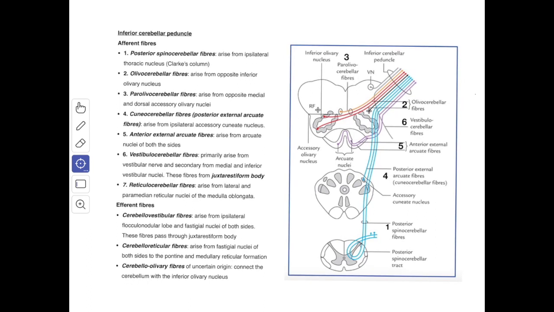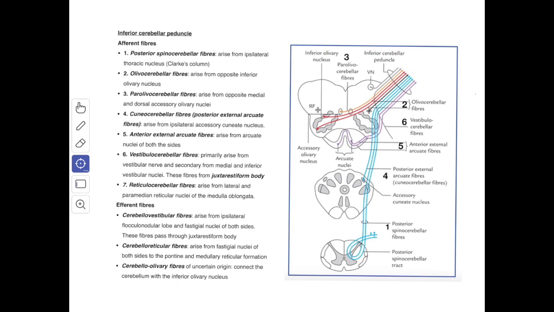The efferent fibers which are present in the inferior cerebellar peduncle are the cerebello-vestibular fibers. These fibers arise from the ipsilateral flocculonodular lobe and the vestibular nuclei of both sides, and these fibers pass through the juxta-restiform body.